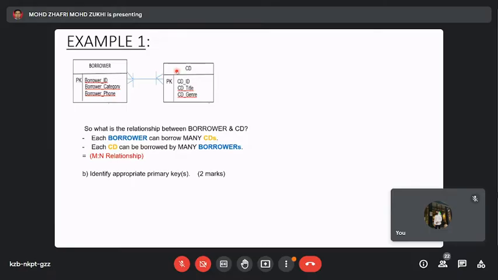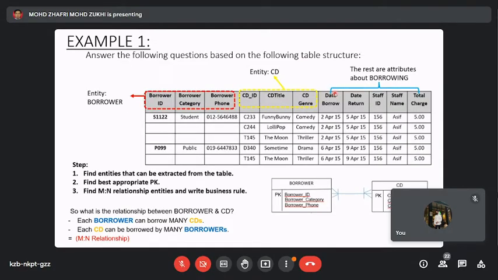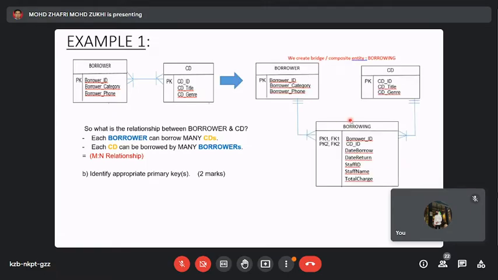If you look at the attributes left here under borrowing, you can notice that borrowing is actually the bridge entity, or bridge table, between borrower and CD. So from here we have one-to-many and many-to-one relationships. The problem of the direct many-to-many relationship has been solved by having the borrowing entity.